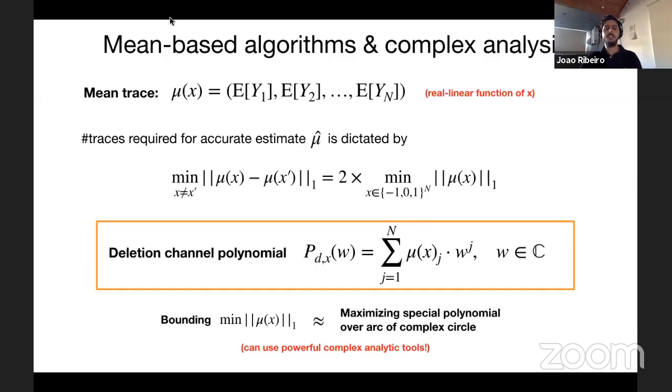Okay, so one thing you may be wondering is that, sure, you can define this deletion channel polynomial, but the problem is that these coefficients are hard to compute, so this is not really useful at first sight.